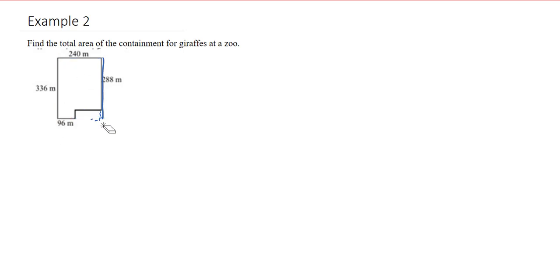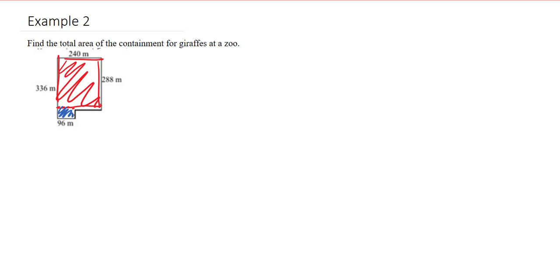Or another way we could do this is just break this into two parts. So we have a rectangle here that we need to solve for, and then we need to solve for this one. So there are two different ways, and you can always think about how there are multiple ways to get your answer, and there isn't a right way.